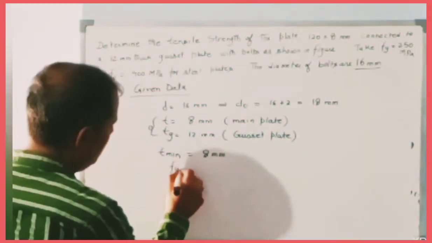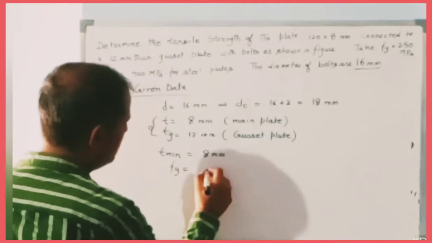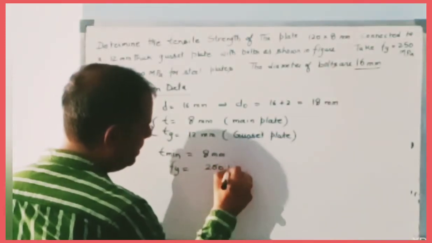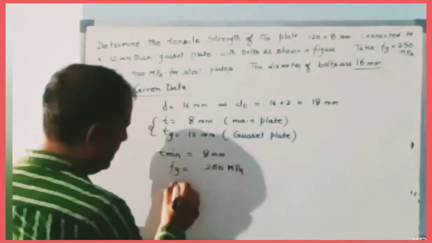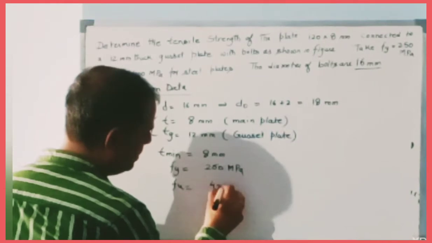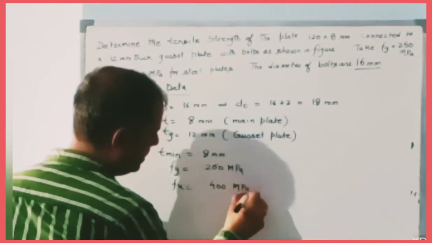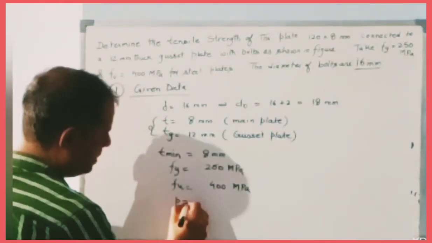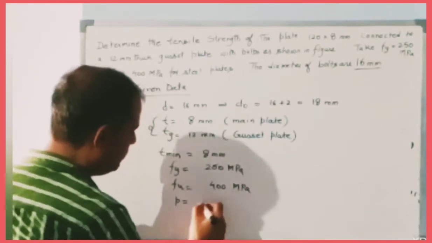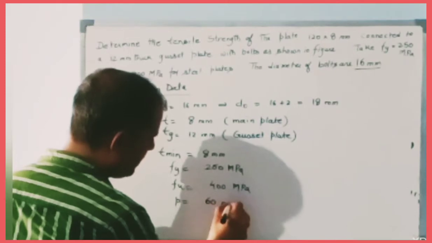Another thing given is the yield strength of the plate material, 250 megapascal. Ultimate strength of the plate material is 400 megapascal. Pitch, that is the distance between two consecutive fasteners in direction of load, is 60 mm.